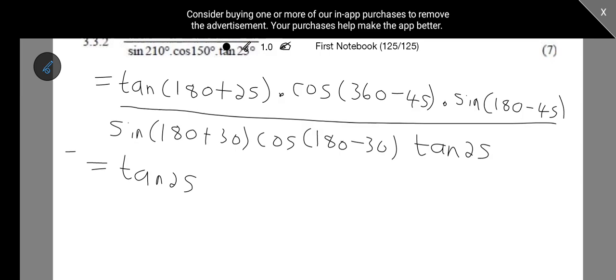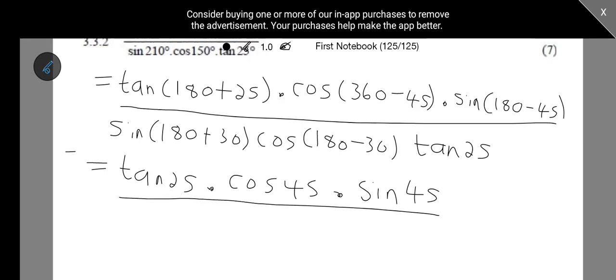You say tan or sine or cos, then the number which we have added or subtracted, and then you multiply it by cos 360 degrees minus, and it's the quadrant for cos. It means cosine is also positive in this case, and that will be cosine of 45. Then you multiply by sine 180 minus is the quadrant for sine, and this will be sine of 45.